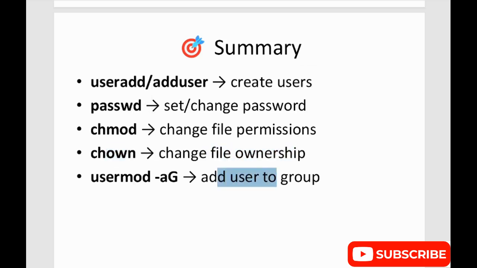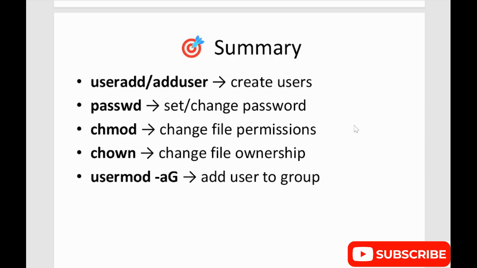To add a user to a group, we use usermod -aG. So usermod is used for that, chmod to change file permissions, and chown to change file ownership. This is the summary, and you can just keep it in mind.